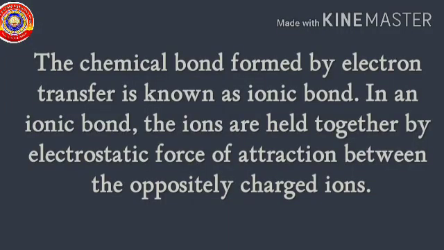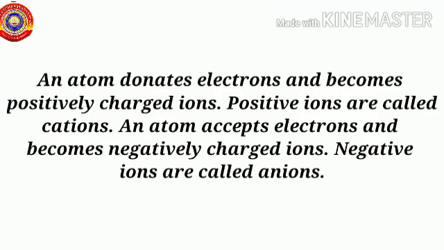Remember, in ionic bond, electron transfer takes place. During the electron transfer, if an atom donates 1 electron and becomes a positively charged ion, these positive ions are called cations. An atom that accepts an electron becomes a negatively charged ion. These are called anions.